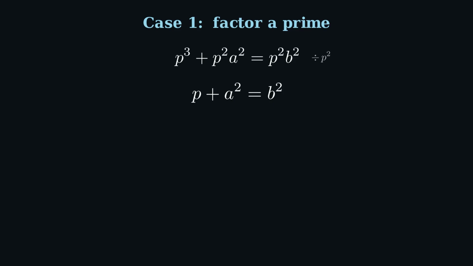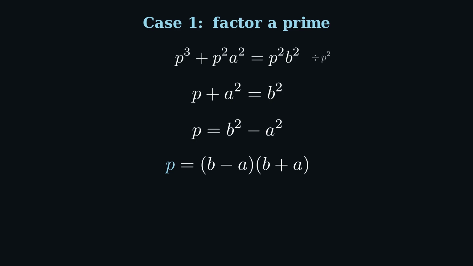And if we subtract a squared from both sides, we get p equals b squared minus a squared. And then, of course, we can factor this as a difference of two squares. So we have a prime number is equal to b minus a times b plus a.